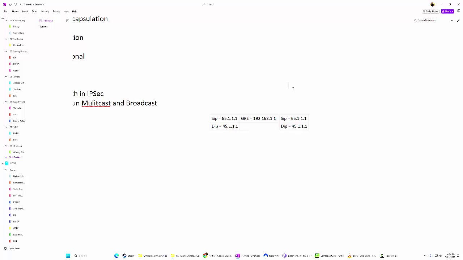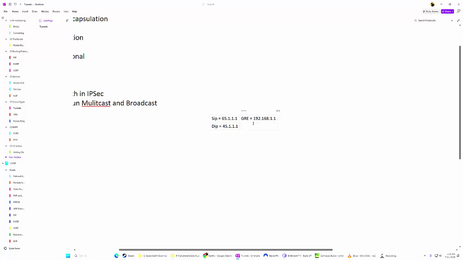All right, so the original IP packet is going to be encapsulated with a GRE packet, and then we're going to put the original IP packet back in front to encapsulate it again. So now we got a GRE encapsulation and an IP packet encapsulation. Okay, so when it gets to the 45 address, it's going to say, well, that's from my IP address, and it's going to strip that information off.